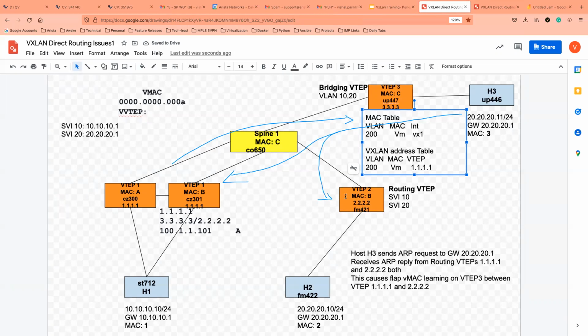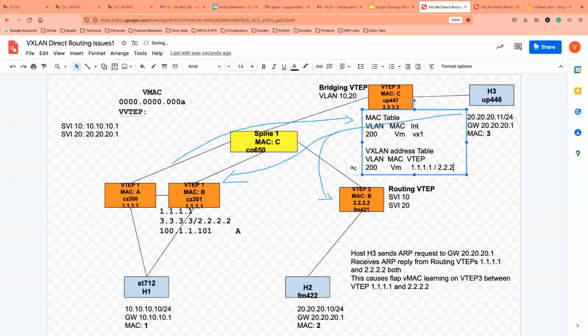Now this ARP request has also gone to VTEP2. So VTEP2 will also reply back because it also has an SVI. It will reply back again that for VLAN 200, I have VM on VX1. So this entry will remain the same, but the VXLAN address table will now change to 2.2.2.2.